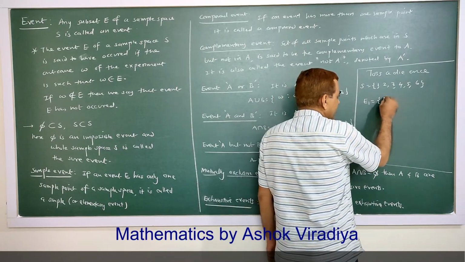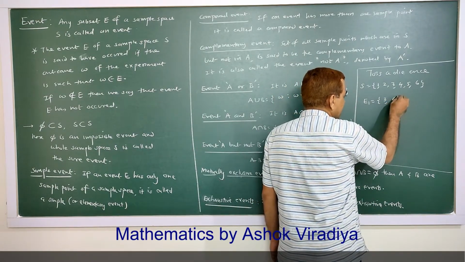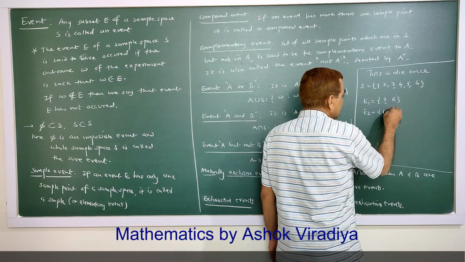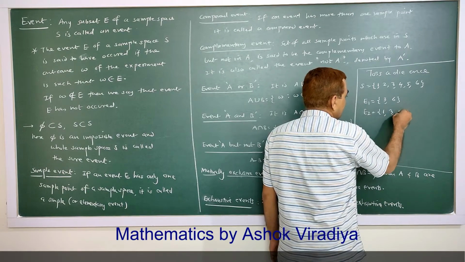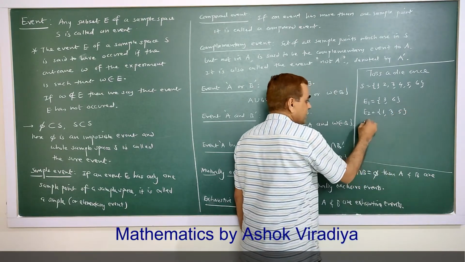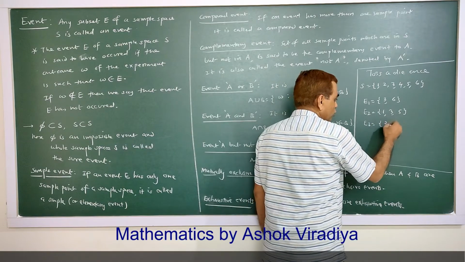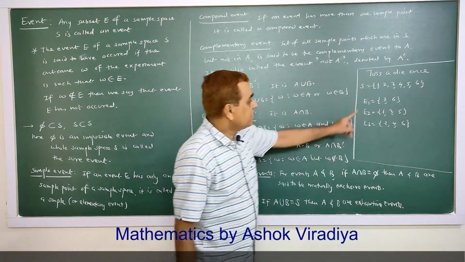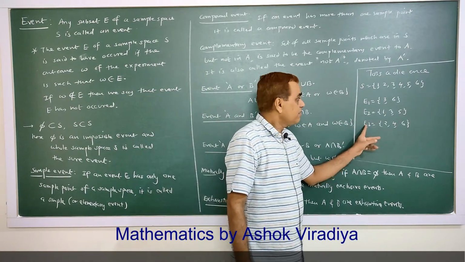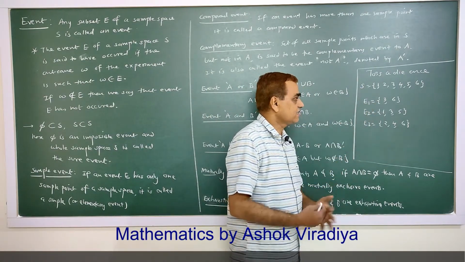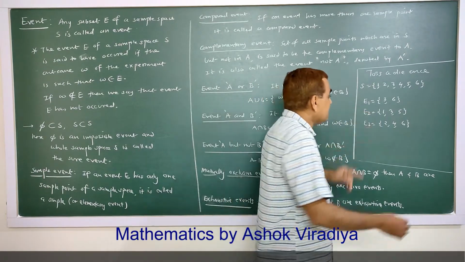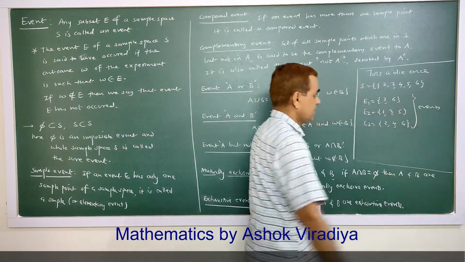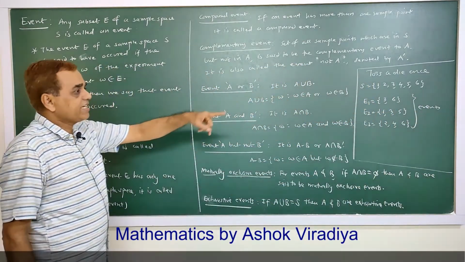E1 is a subset. Suppose I am putting 3, 6. E2 is 1, 3, 5. E3 is 2, 4, 6. These are subsets of S. So these are events. Every subset of S is said to be an event.